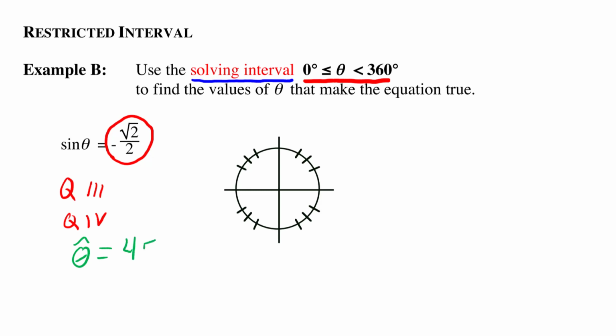And to be radical 2 over 2 means that theta hat is 45 degrees. So in quadrants 3 and 4, we're talking about theta values of 225 degrees and 315 degrees. Those are the solutions.